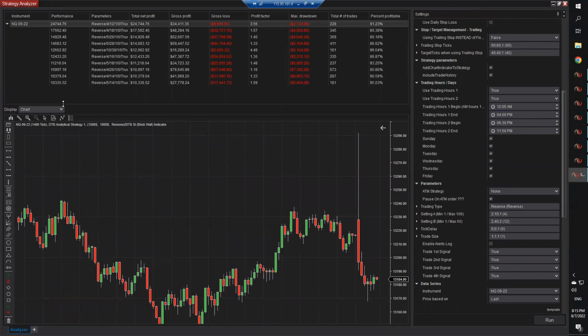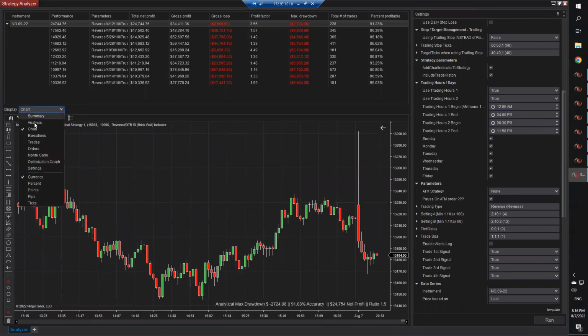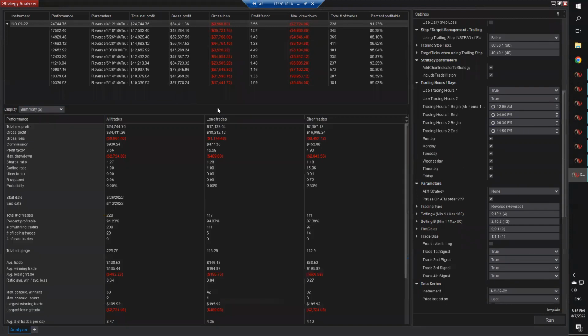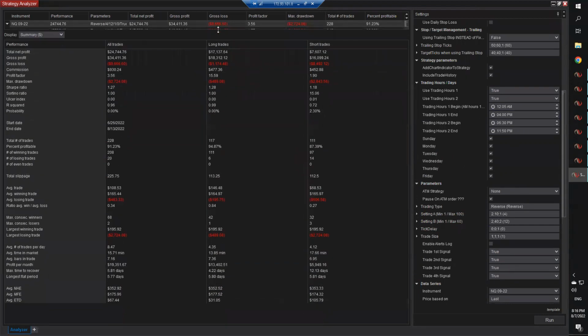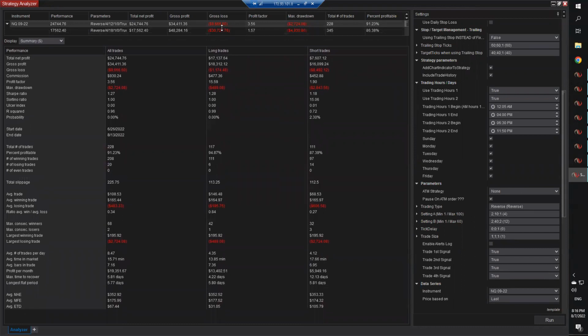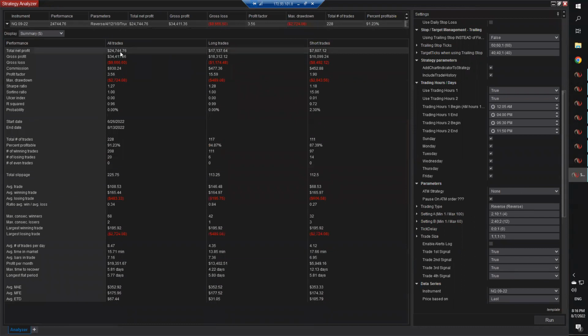In that entire period of time, if we go to the summary and look at the first result, you'll see that it's from the 26th of June up until present.